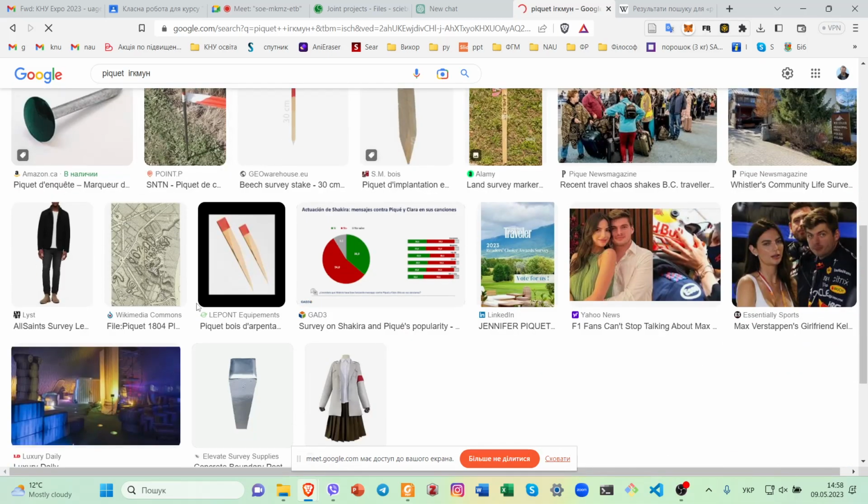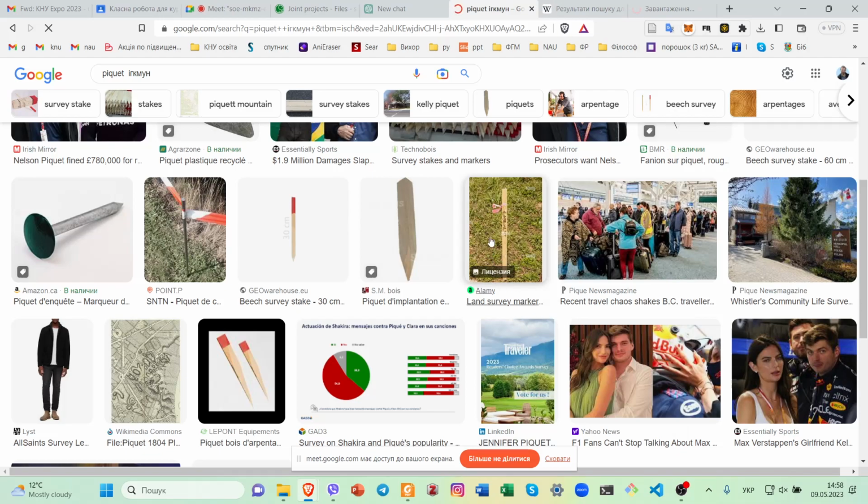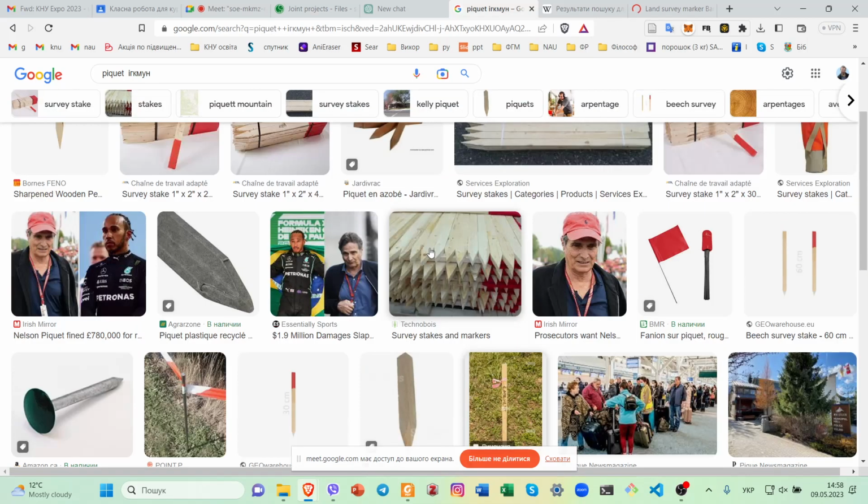You can see in the picture different land survey markers. They are made of beech, of metal, of different wood.